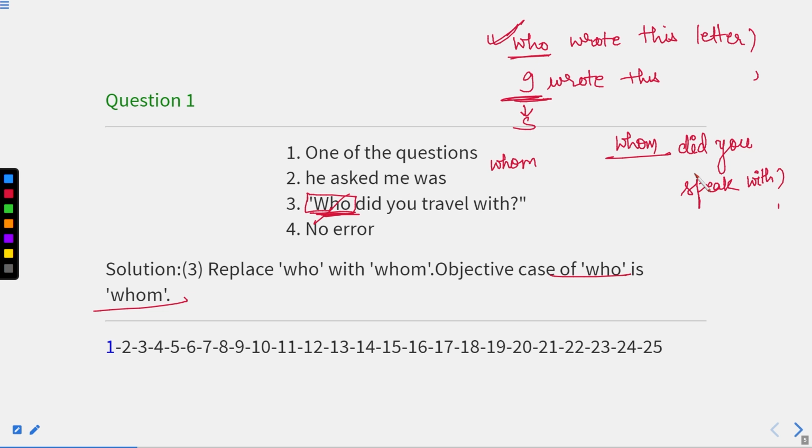Okay, so this who and whom really matter a lot, and we have already learned this concept in detail in our chapter or theory of pronouns, so you can go there and revise it from there. Now here the first question's solution is 3, because this third part contains the error, so our answer will be 3.